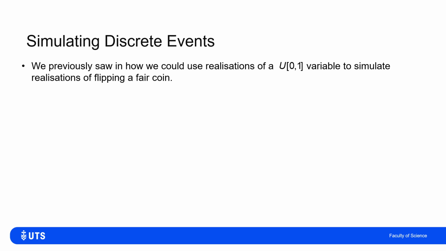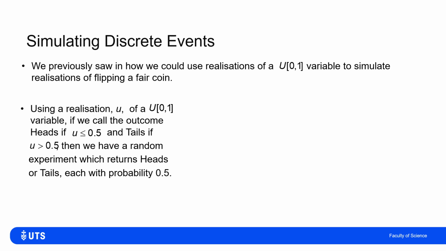Maybe it's 0.8801239. Every time I do it, I'll get a different value. And what we wanted to do was to turn these decimals between 0 and 1 into the outcome heads or the outcome tails, such that it was random which one was assigned, but that if I was given a uniform point, I had a fixed rule to assign it.